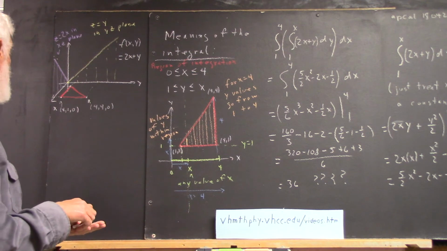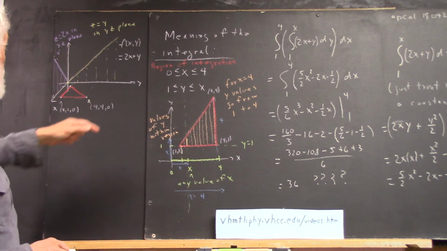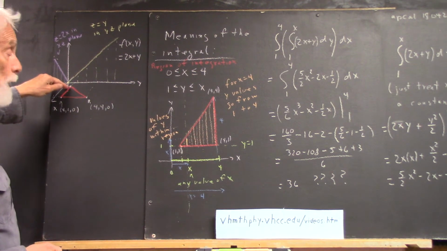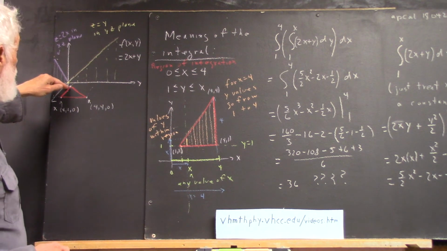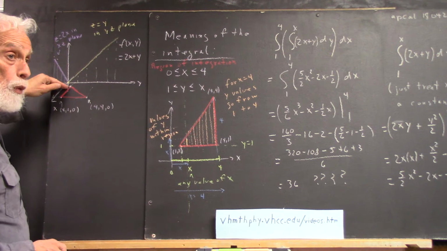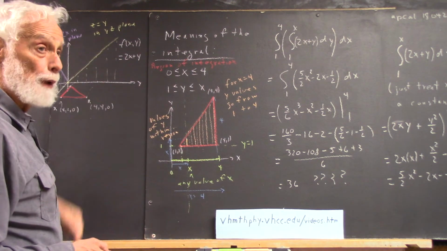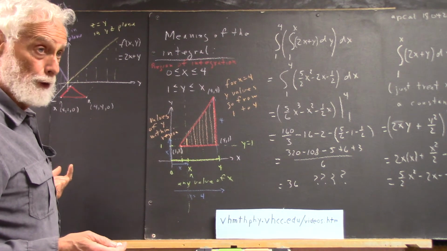So what's the value at the point 1, 1, 0? Well, at the point where x and y are both 1, then 2x plus y is 3. Okay?